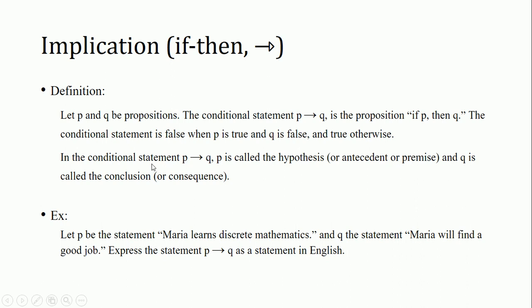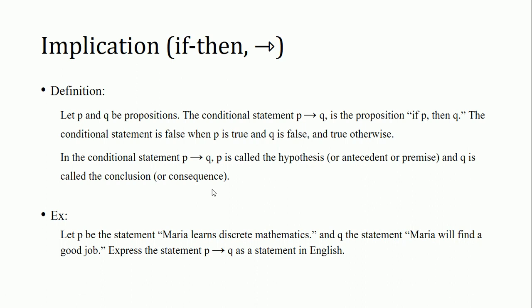In the conditional statement if P then Q, P is called the hypothesis, antecedent or premise. Ako, nasanay akong tawagin siyang implication. And then Q is called the conclusion or consequence. So, pwede kayo mamili dyan: hypothesis, antecedent, premise, implication ang pwede nyong itawag kay P. Meanwhile, si Q, pwede nyo siyang tawagin conclusion or consequence.